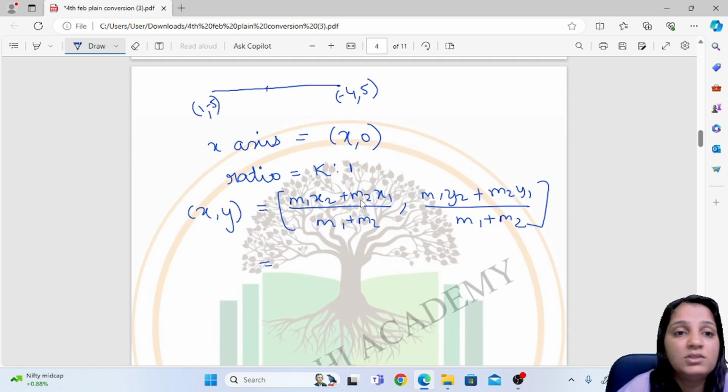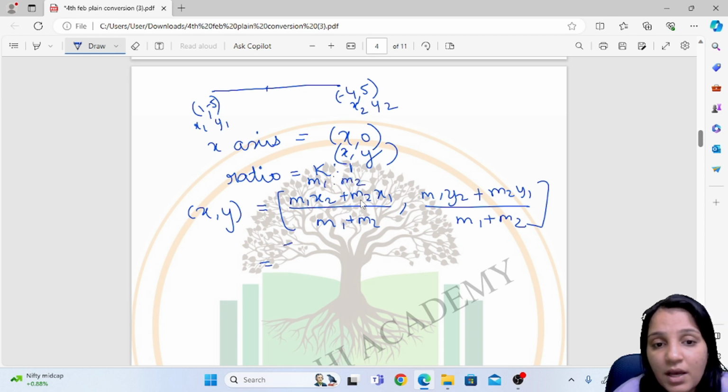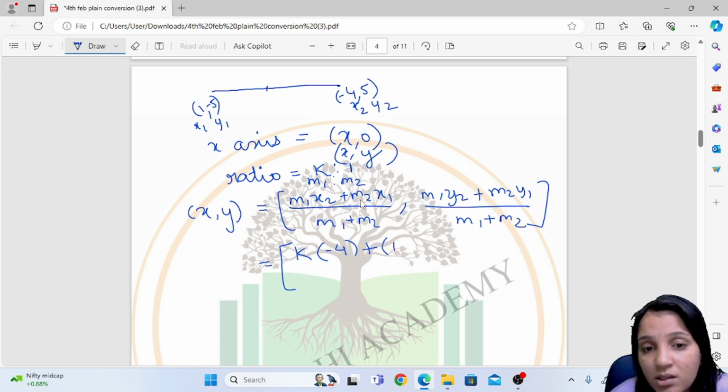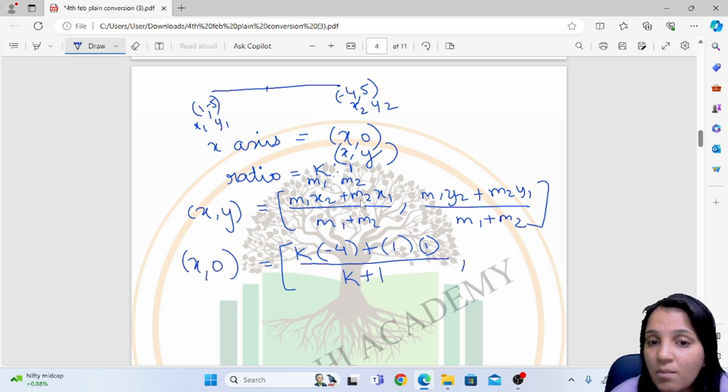Now here this is your x1 y1, x2 y2, then this is your x comma y point, and this is your m1 and m2. m1 here is k, x2 is minus 4, plus m2 is 1, x1 is 1, upon m1 plus m2 is k plus 1. This is your x comma 0, right? Then comma m1 is k again, y2 is 5 plus m2 is 1 and y1 is minus 5.